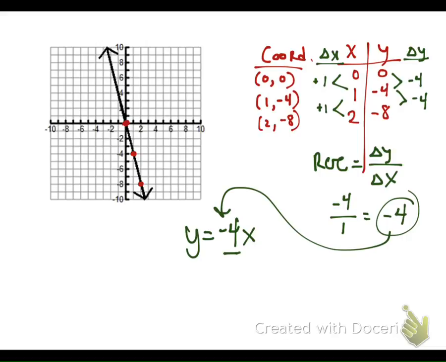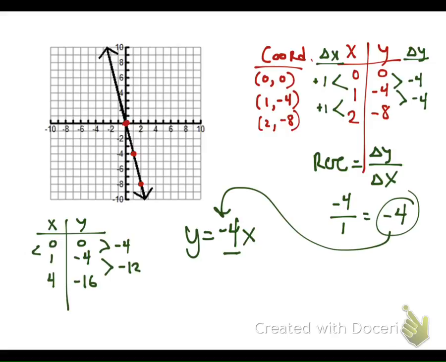Now, you may run into tables sometimes where your delta y and delta x aren't the same all the way down, but no matter what happens, you should be able to reduce them to the same thing. Say I had a table with 0, 0, and then 1, negative 4, but then say here I jumped to 4, negative 16. Well, here my change in y is negative 12, and here my change is negative 4.